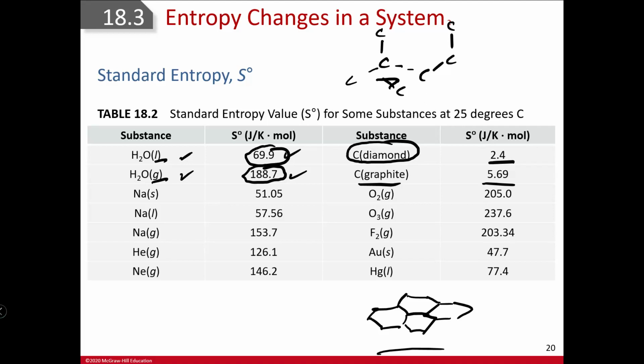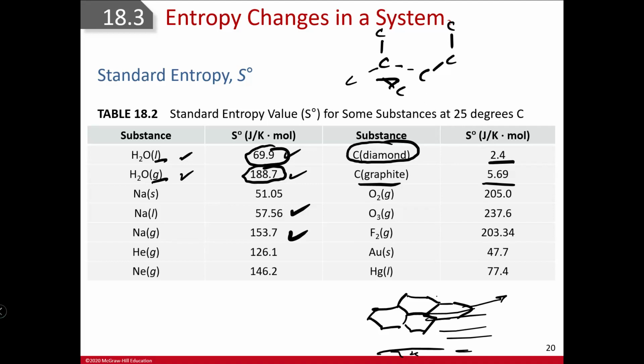This is what breaks off when you're writing with a graphite pencil. It breaks off and deposits on paper, and this is left behind. As you write more and more, it peels off these layers, and that's why your pencil gets dull. So what this shows is that liquids have less entropy than gases.